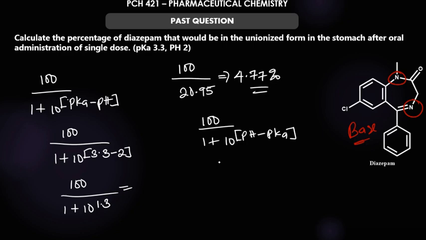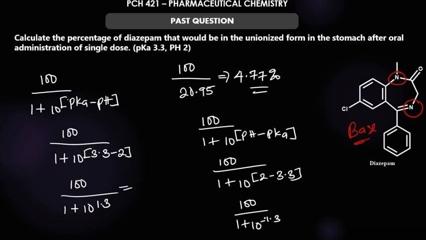The pH is 2 and pKa is 3.3, so this becomes 100 over 1 plus 10 to the power of minus 1.3. 10 to the power of minus 1.3 is 0.050, plus 1.